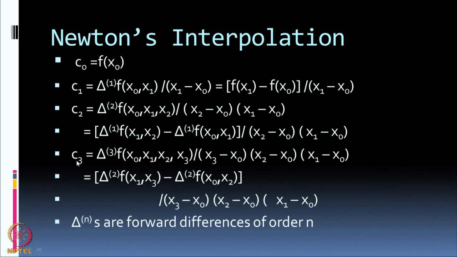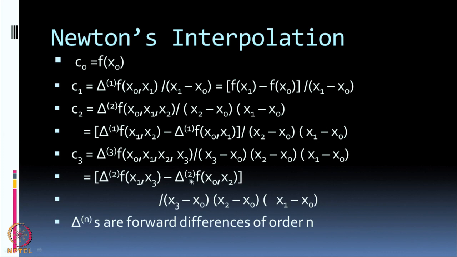C3 is given in terms of a third order difference. What is a third order difference now? Third order difference will be the difference between two second order differences. What is f(x naught, x1, x2)? It is the second order difference which is already given here. This is my second order difference at x2. Now, there is again a second order difference at x3.